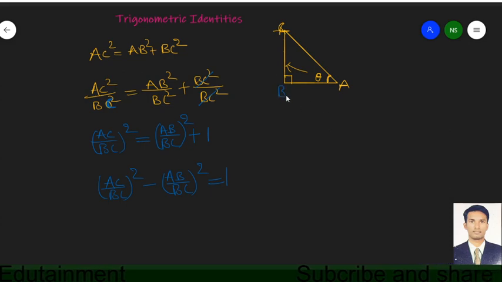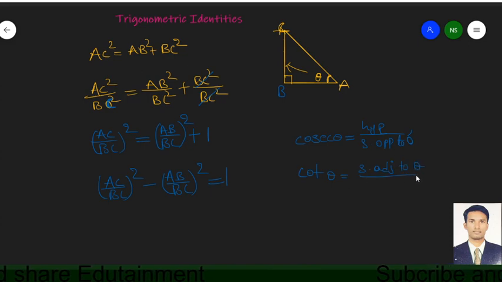We know cosecant theta is hypotenuse divided by side opposite to theta, and cotangent theta is side adjacent to theta by side opposite to theta.